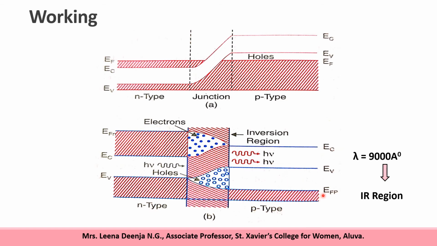That means the Fermi level in the P-type material falls. So during forward biasing, the Fermi level in N-type rises and the Fermi level in P-type falls. The high number of free electrons are injected into this junction, and the large amount of holes are also injected into this region.